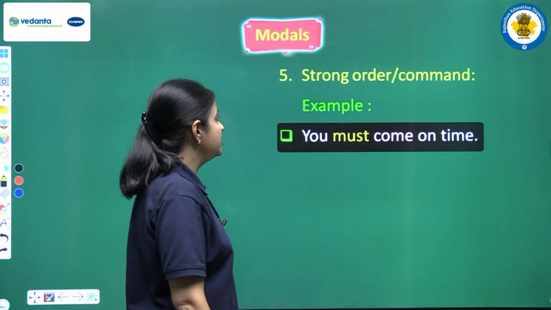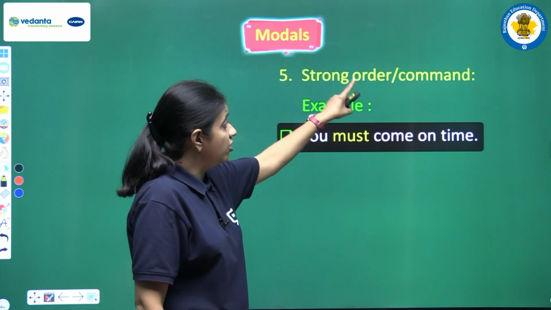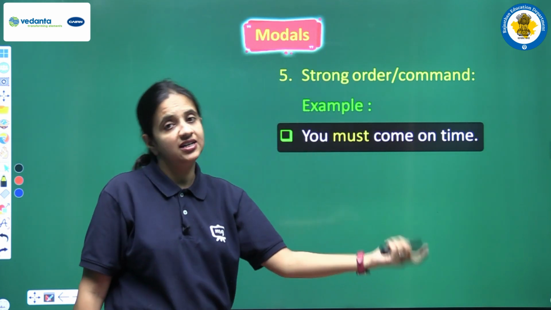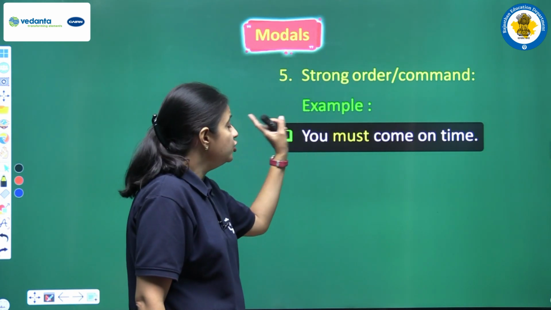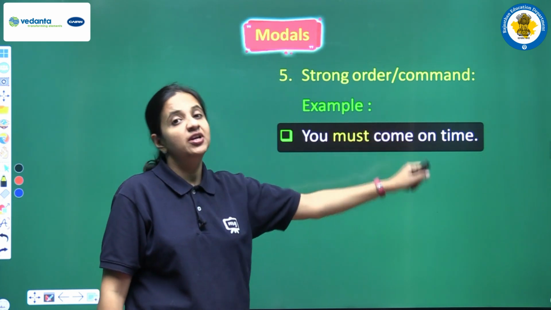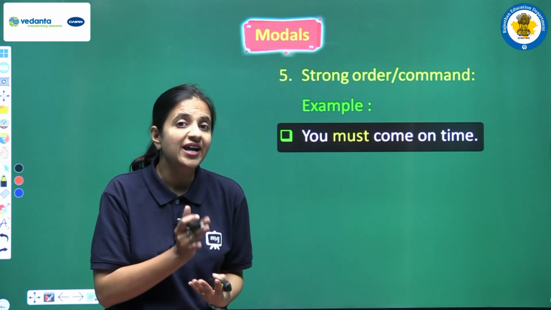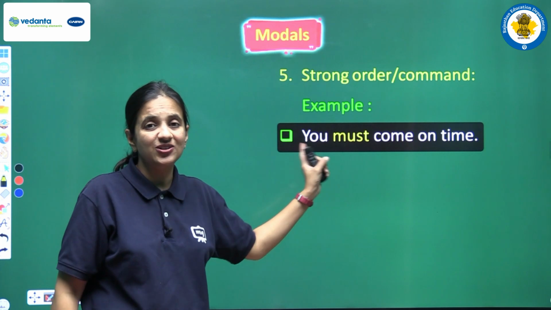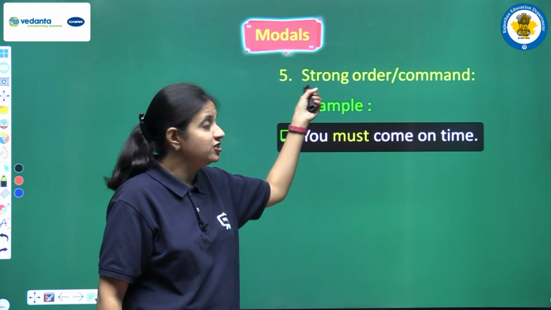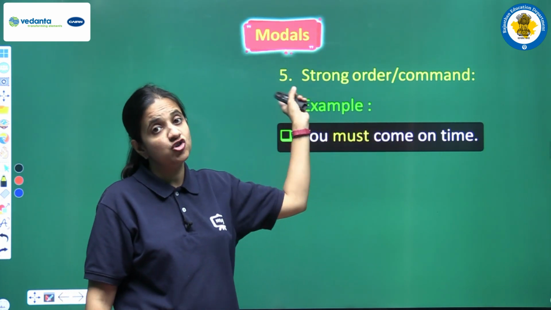Next use. So yes, must is used to show a strong order, or we can say command. Let's see how. You must come on time. So here we are not giving advice, this is not a suggestion, but this is a very strong order, a very strong command.